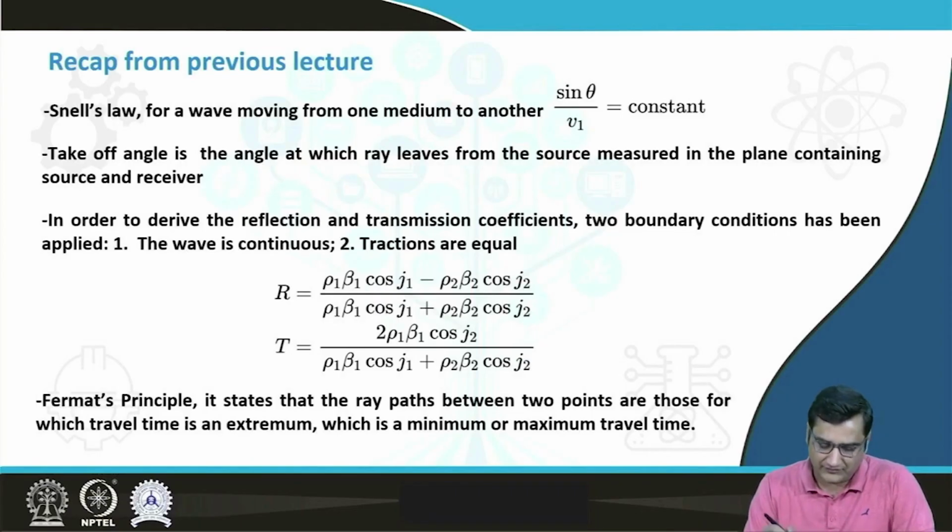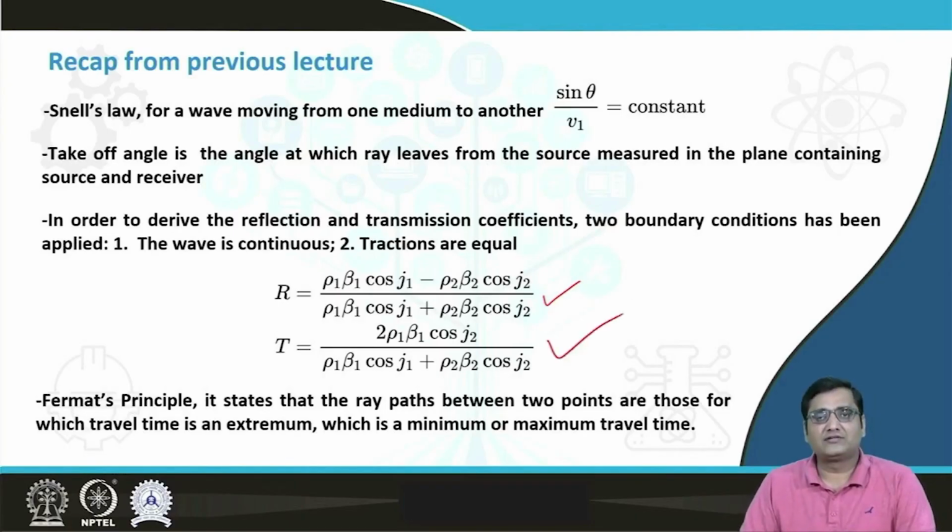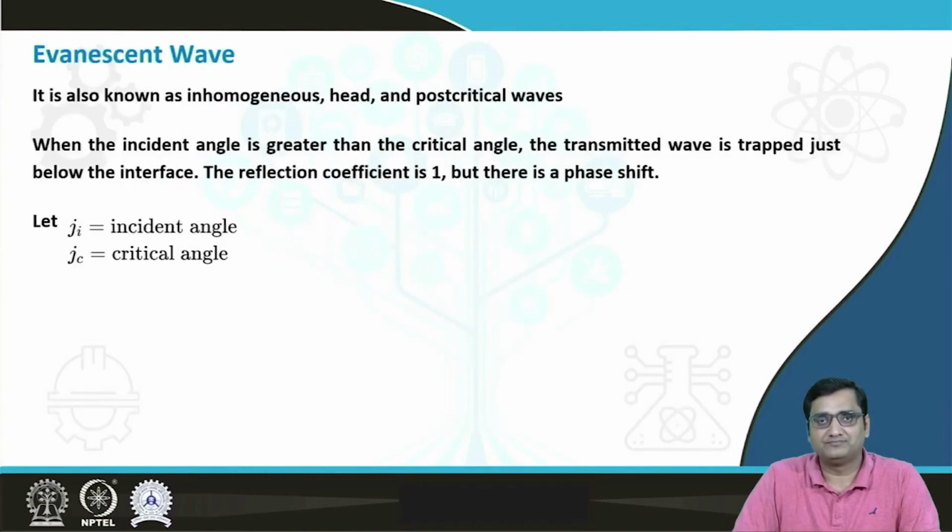So the reflection coefficient that we derived had this expression, and the transmission coefficient that we derived had this expression. And then we discussed Fermat's principle, which states that the ray paths between two points are those for which the travel time is extremum. It can either be the minimum or the maximum travel time.